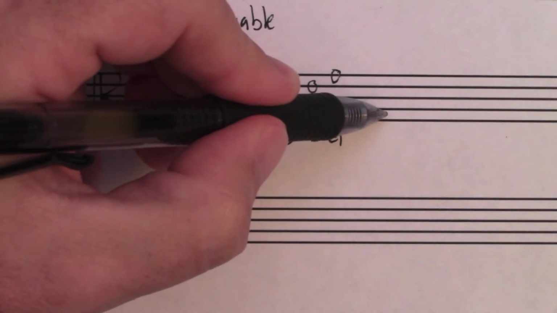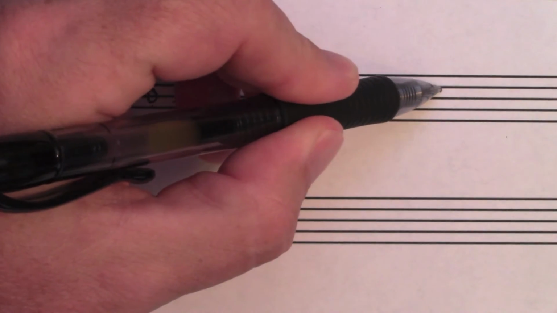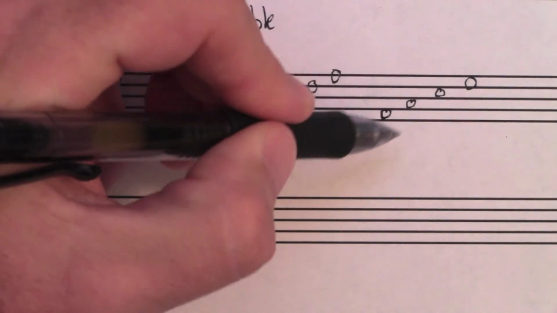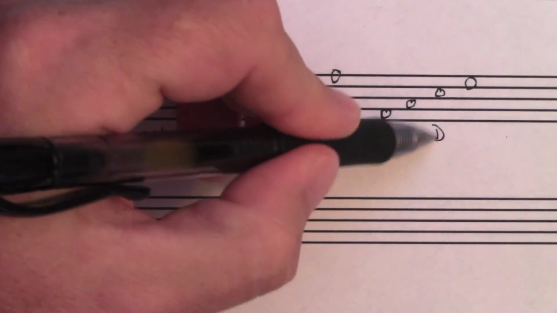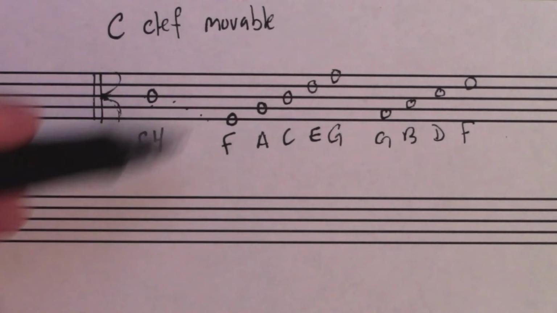G, A, B, C, D, E, F. And we can do ledger lines if we want there too.